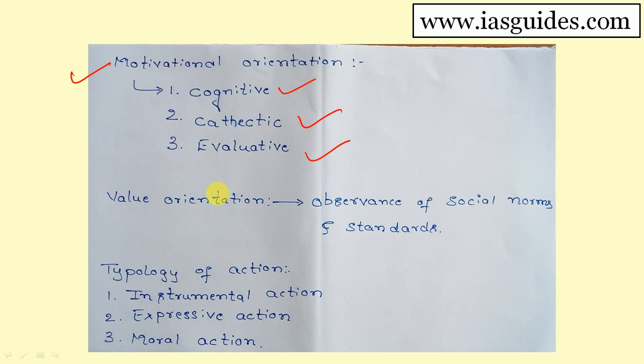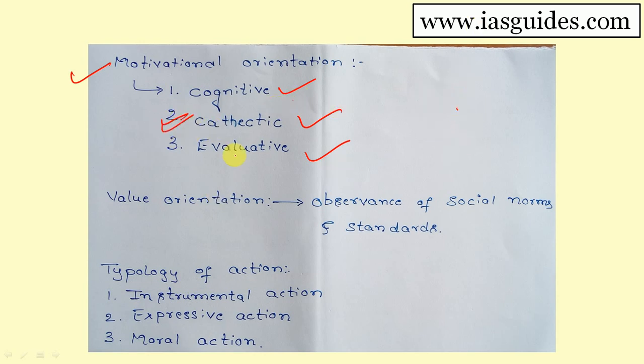Third, pleasures will be there, and so on. That belongs to cathartic motivational orientation. Here, in cathartic orientation, definitely cultural values guide a person towards his orientation. Cultural values will always be there in cathartic motivational orientation.